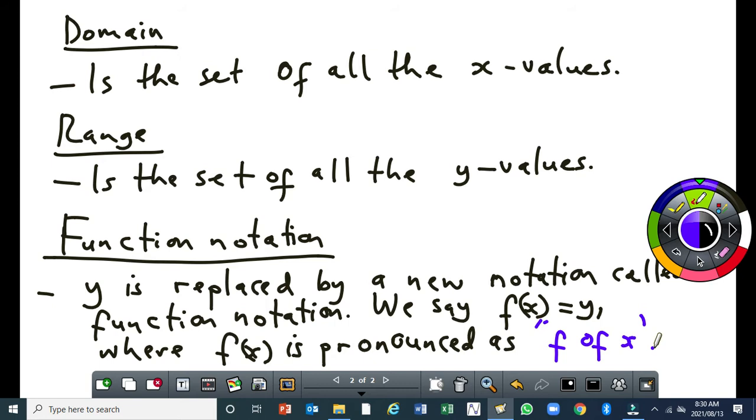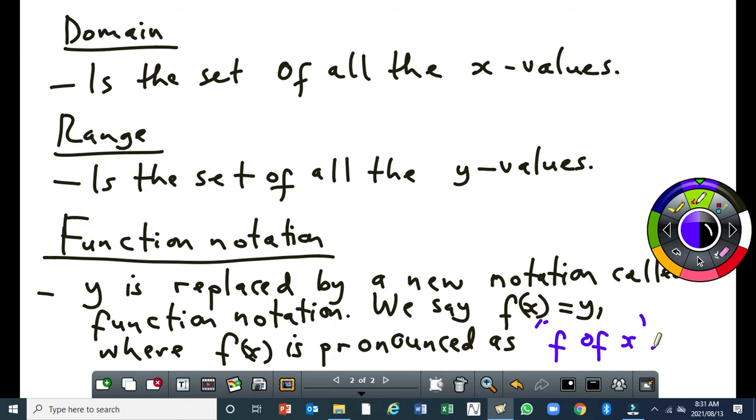Let's do some examples on function notation. Let me create my own question. Since you haven't done the other functions, I will just talk about the linear function. So let's do examples on linear function notation. Can I carry on? I just want to emphasize this part.